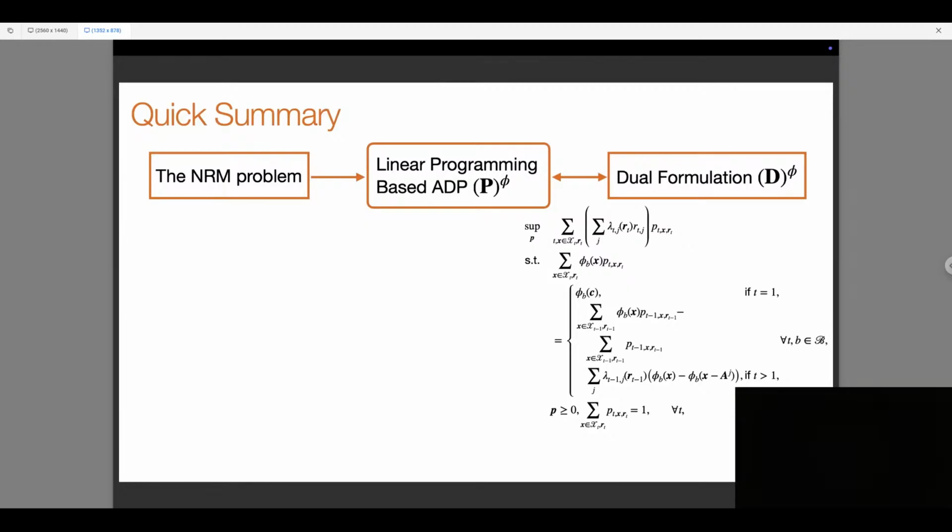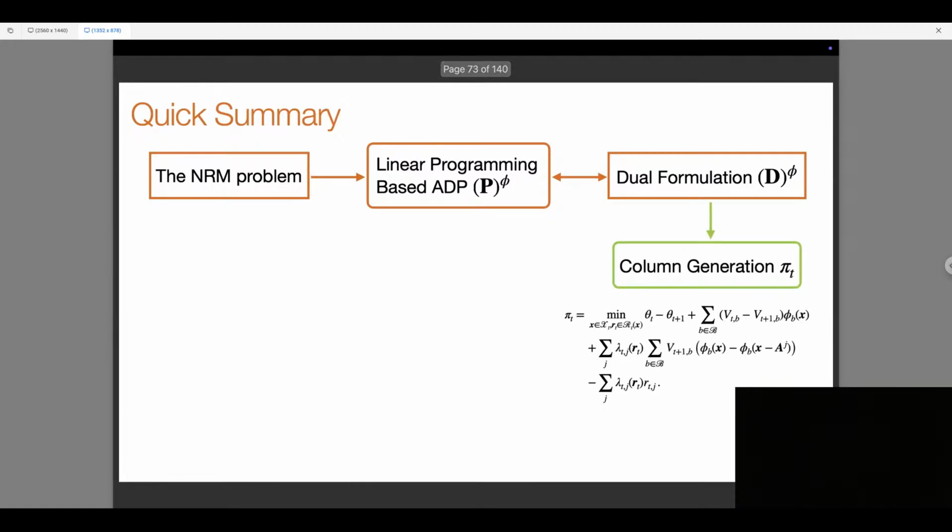And we have its dual form D phi. From this D phi, we can do column generation with the pi t subproblem.